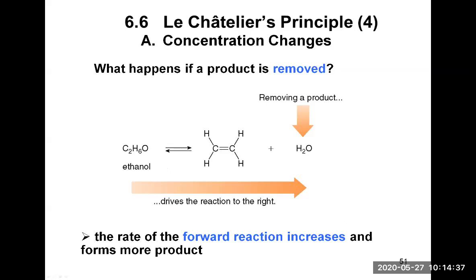And let's say we are removing water, one of the products. If you are removing water, then Le Chatelier principle says that the equilibrium will try to replenish the water. And for this, it will have to drive the reaction to the right and produce more water and ethylene. So the rate of the forward reaction will increase and form more product.